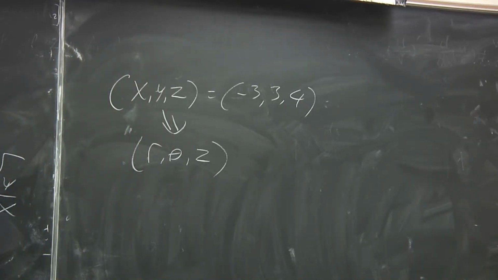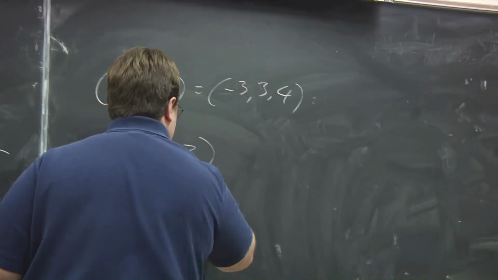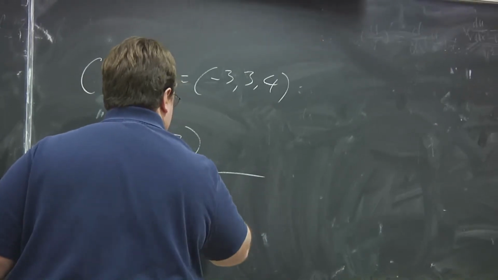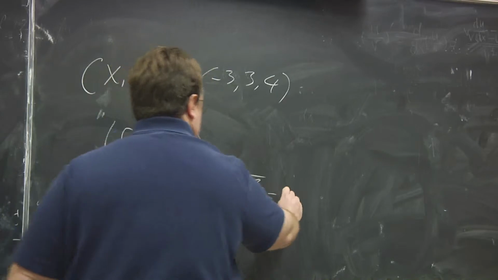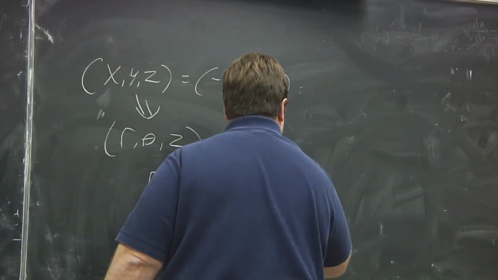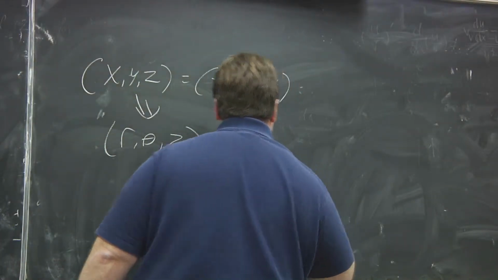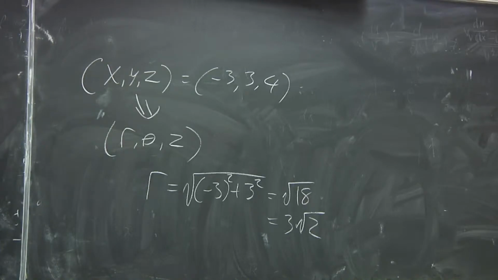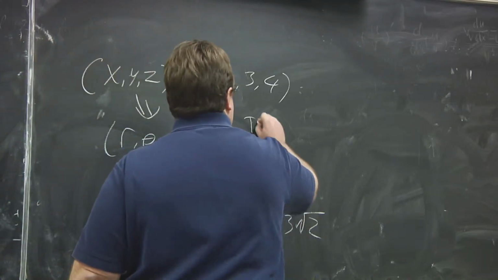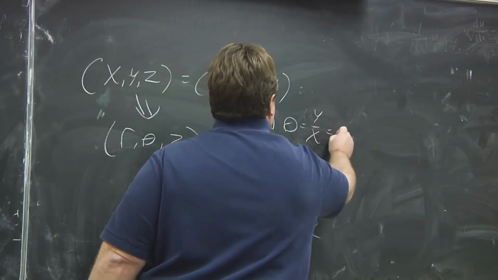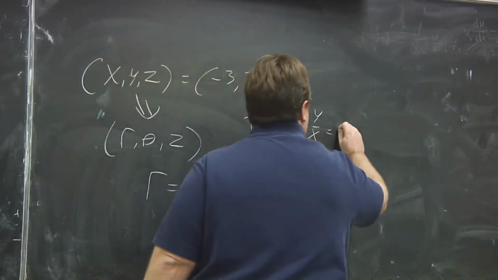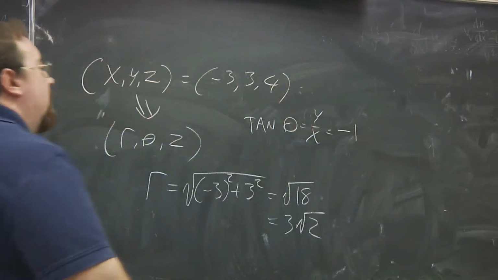So r is just going to be the square root of x squared plus y squared, square root of 18. Okay. So actually the only really interesting thing about this conversion is computing theta. We have tangent theta is y over x, which in this case would be minus 1.